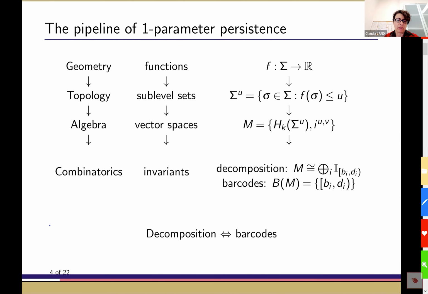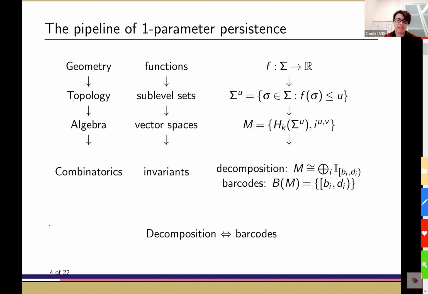And of course, in this setting, because the indecomposables are really interval modules, we have this equivalence between the invariants we find with the decompositions and the barcodes. But on the other hand, the barcodes can be found also applying Morse theory.